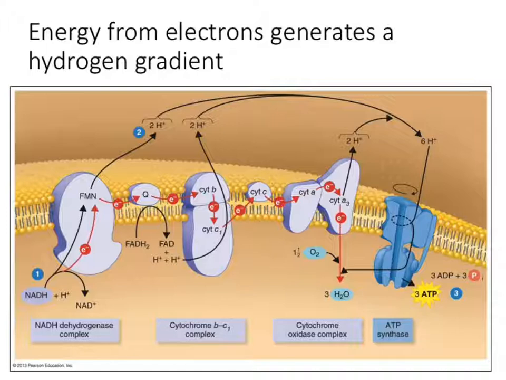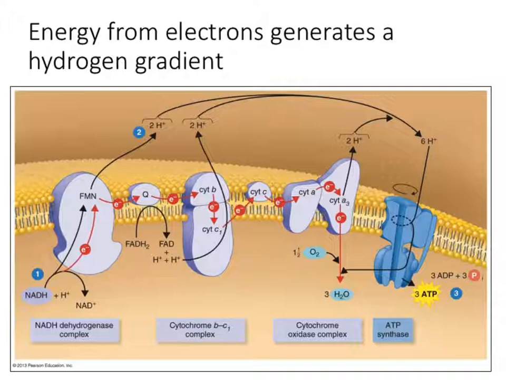What happens to the hydrogens? So those hydrogens that come off of NADH, where do they go? I know you guys know this. Many of you explained this fairly well last night. Through the membrane, through protein channels to where?